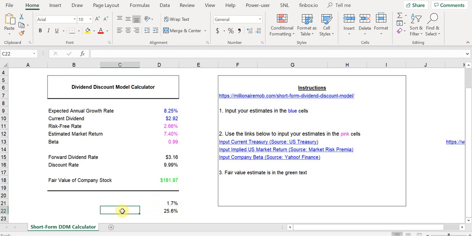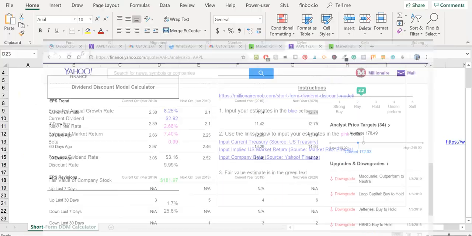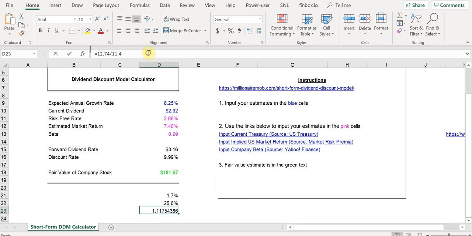That's extremely low. There's significant runway for that to be increased over time. Next year's estimate is supposed to be 12.74. So if you go 12.74 divided by 11.4 minus 1, of course. Okay, so now you have a next year.